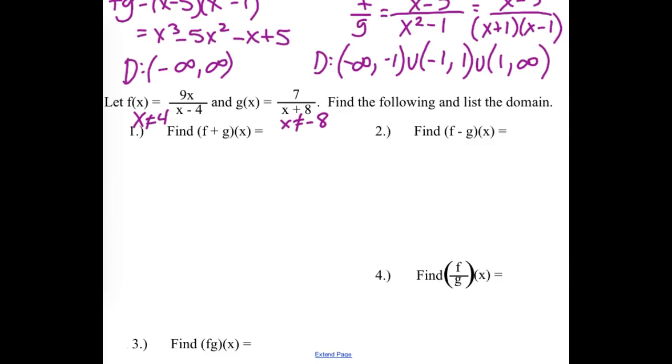sometimes in our process we'll lose a domain restriction. It'll kind of disappear from my answer, but it's still there. Okay? We cannot add these two functions together if x is a 4 or a -8. Okay? So we have to keep those all the way through. All right, adding. We have a little problem here because we're trying to add two functions and we do not have common denominators.